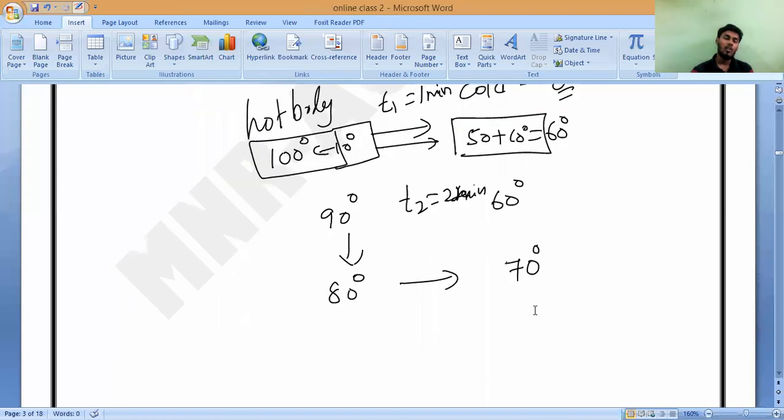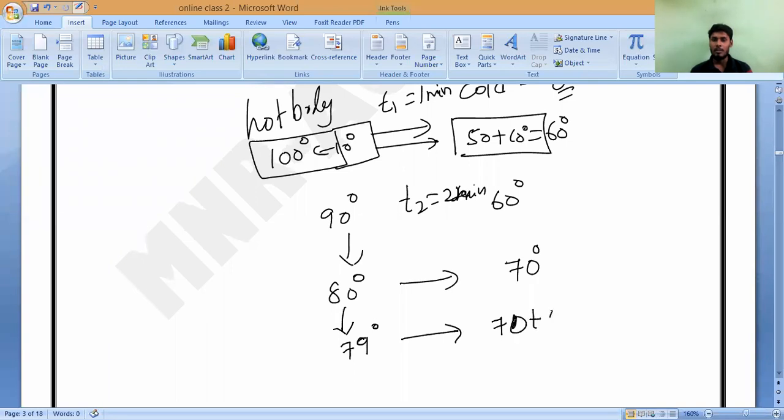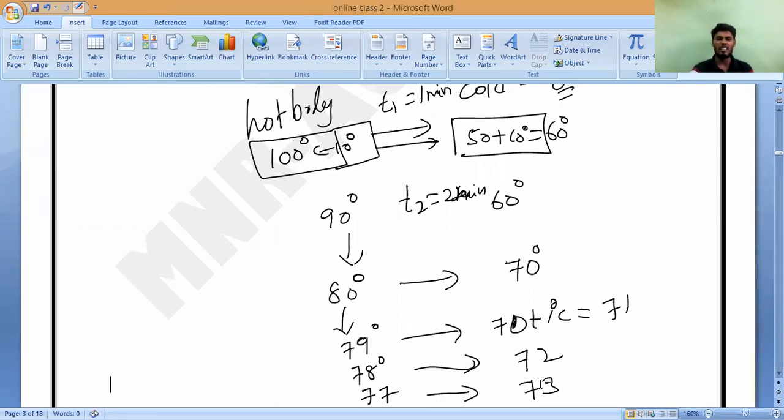Yes, sir. Now after this, Mari's temperature falls to 79, so Hari's increases by 1: 70 plus 1 equals 71 degrees Celsius. Then Hari 72 degrees, Hari 73 degrees, like that.